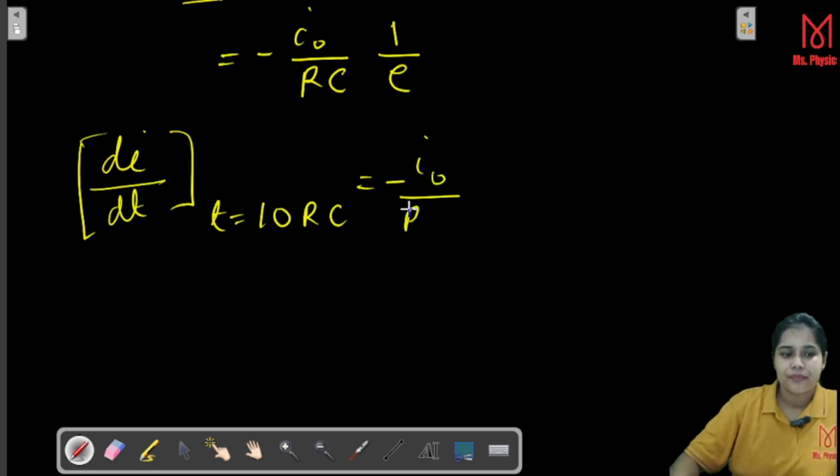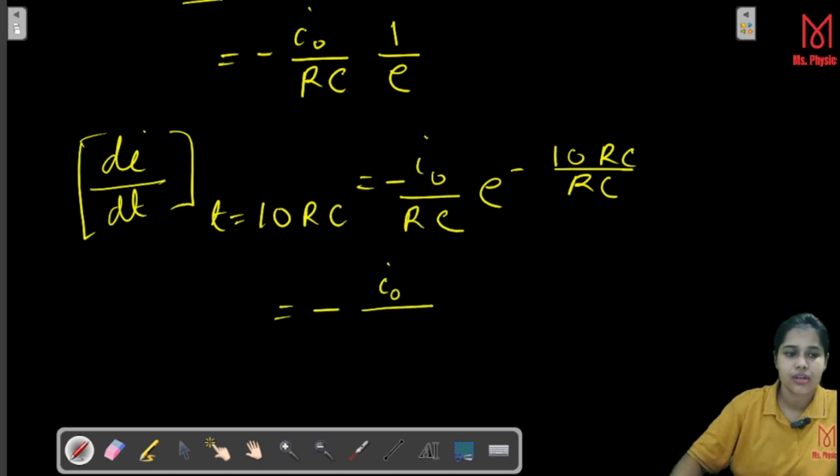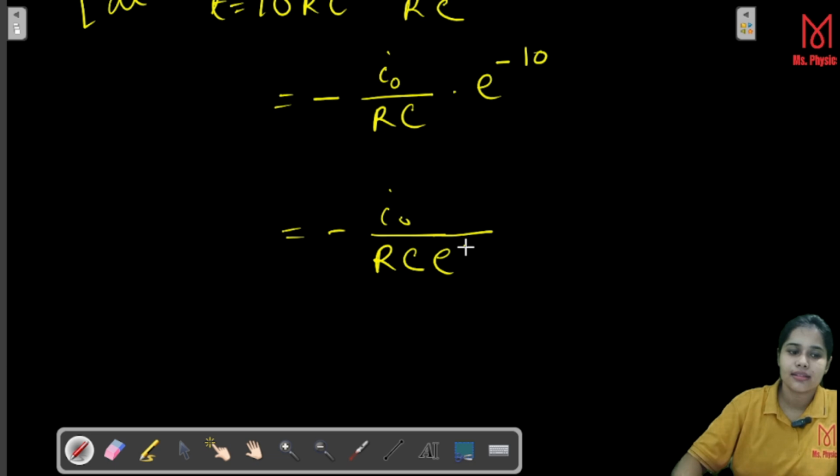So it is equal to −(I₀/RC) e^(−10), which is −(I₀/RC)(1/e¹⁰). So this is the answer.